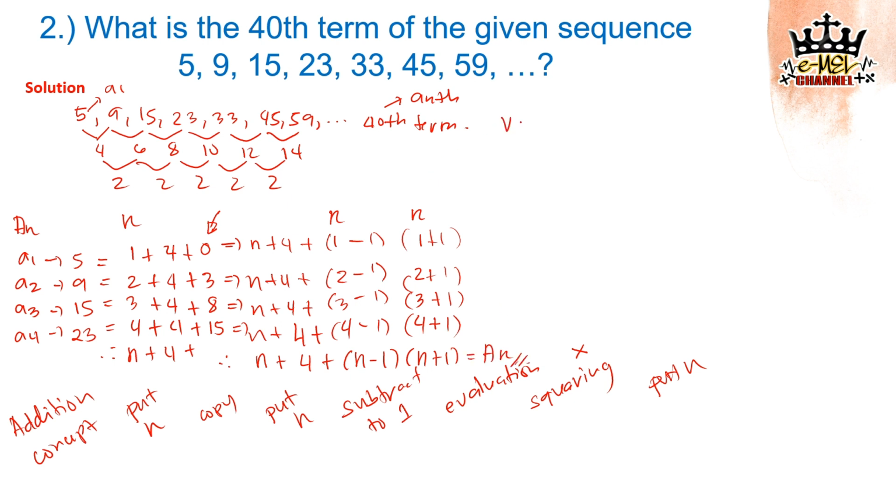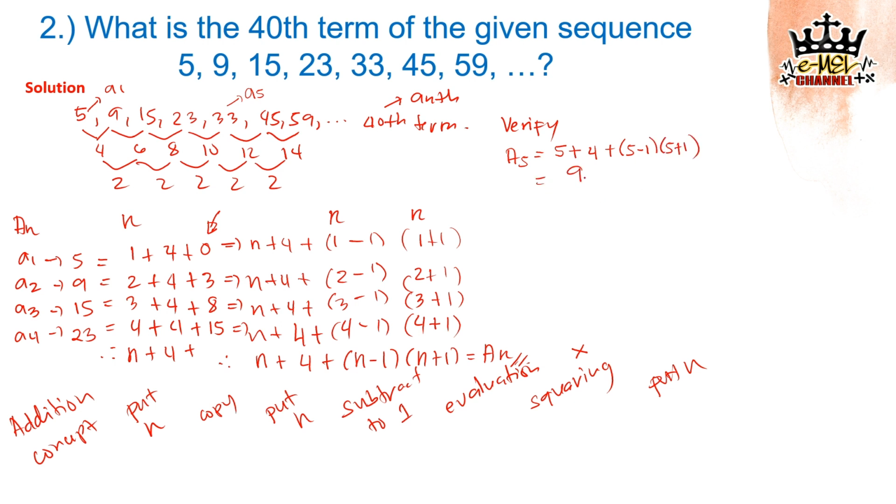Now let us again verify on the given sequence, let's say terms 2, 3, 4, 5. We want to verify the fifth term, so we're going to verify a sub 5 using the formula substitution. 5 plus 4, plus n is 5 minus 1, times 5 plus 1 is our formula.